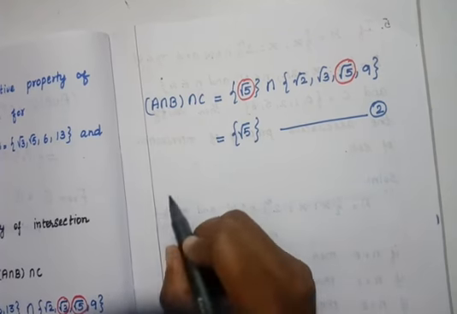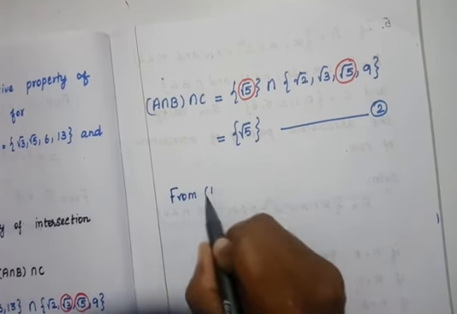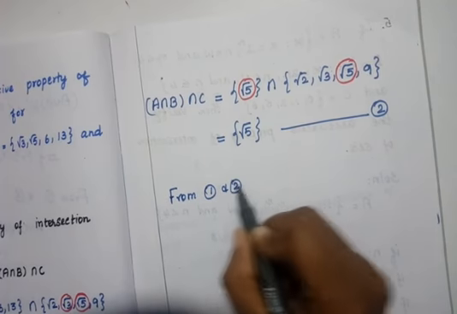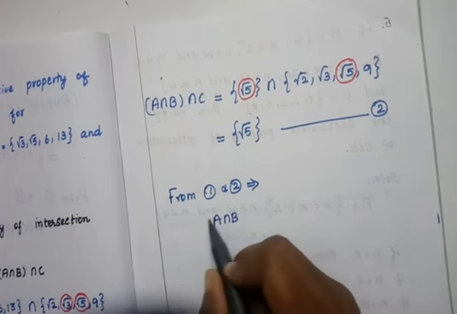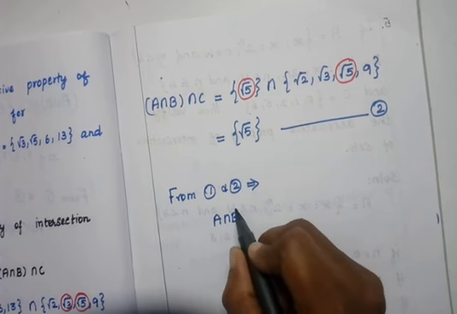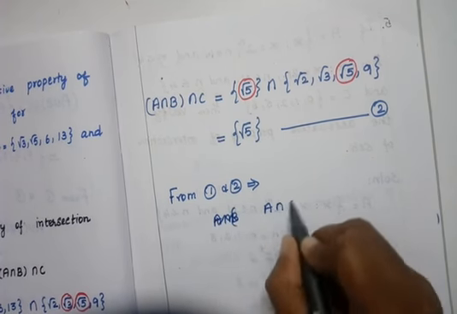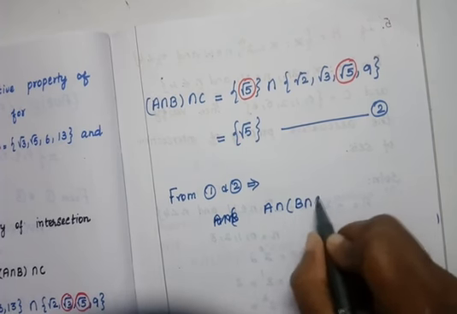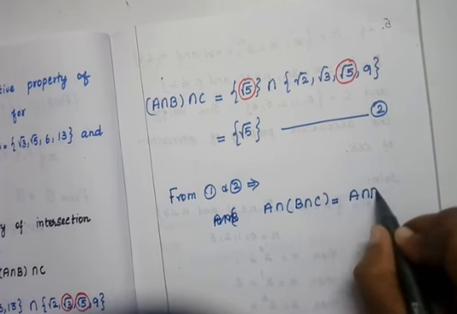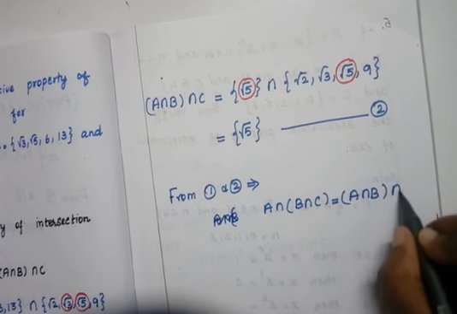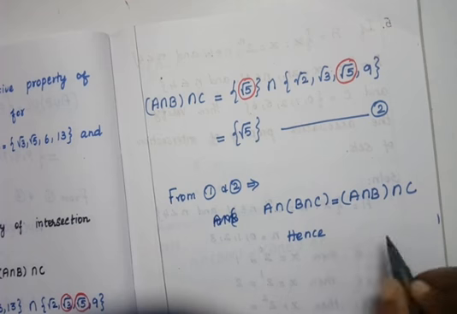So from 1 and 2, A intersection (B intersection C) equal to (A intersection B) intersection C. Hence associative property is true.